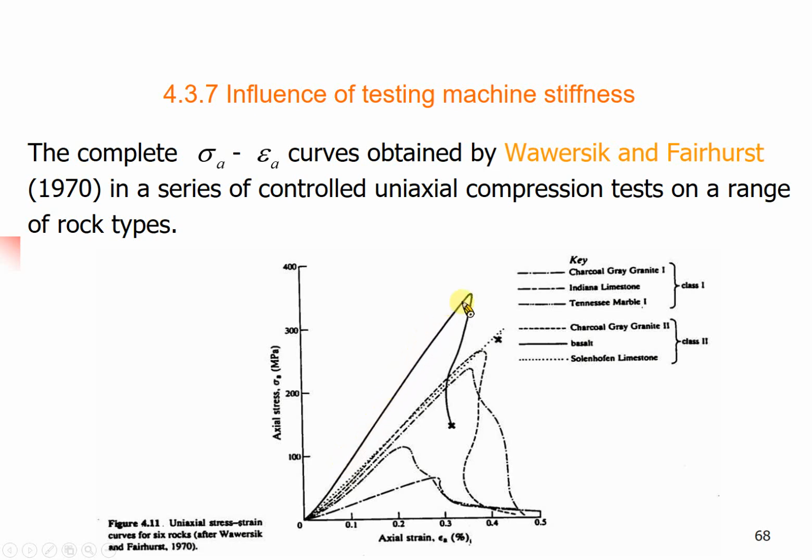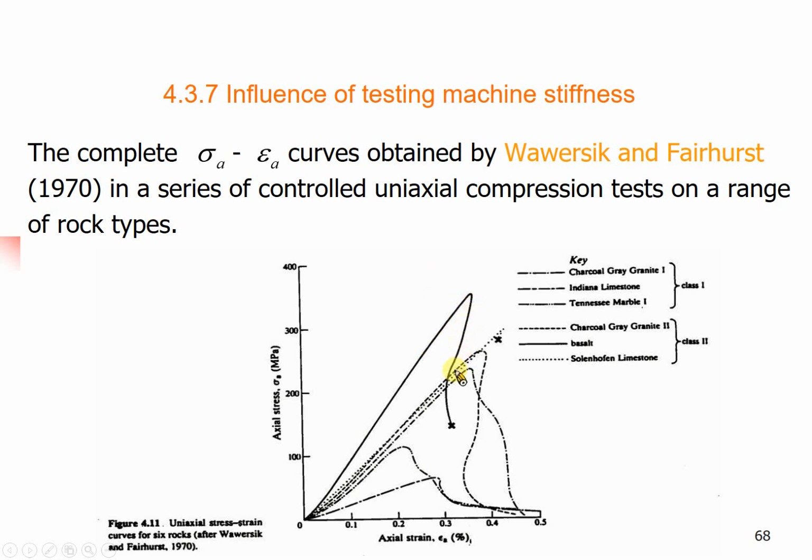This, and goes up to here and fell here. This, and this will be the same group. You can find for this group, it will break suddenly, or even the stress strain curves will have a negative stiffness, like this.